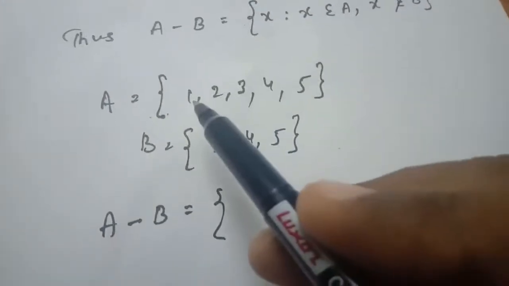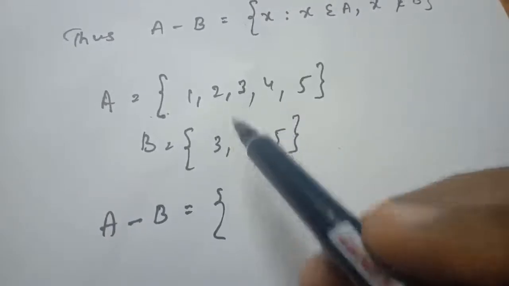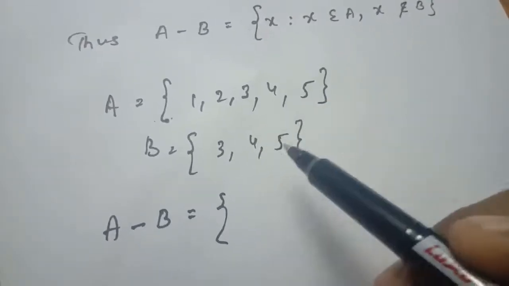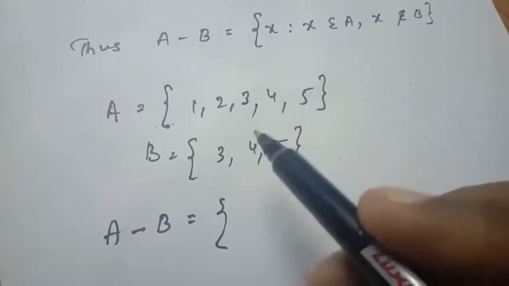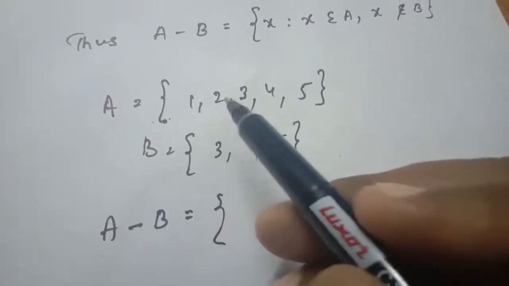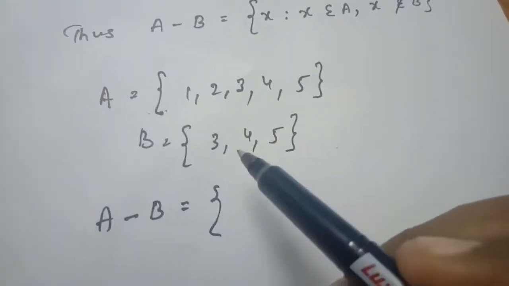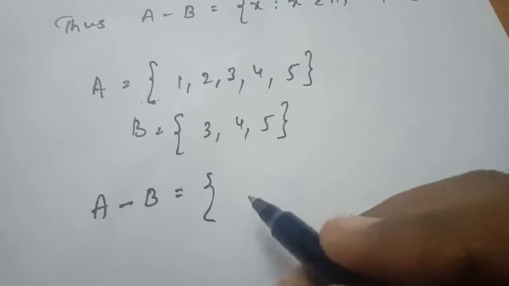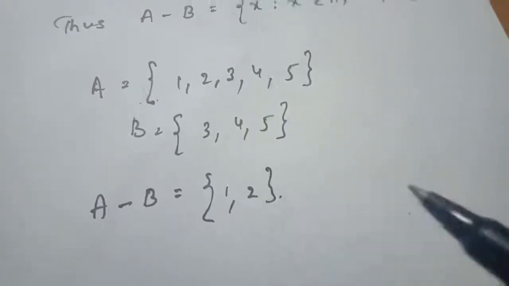We can see that 3 is there in both A and B. 4 and 5 are also there in both A and B. Then who is left? Elements 1 and 2. 1 and 2 belong to A but not to B. So A − B will be set {1, 2}.